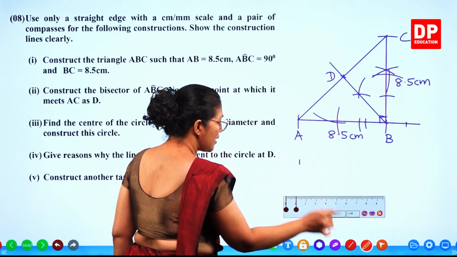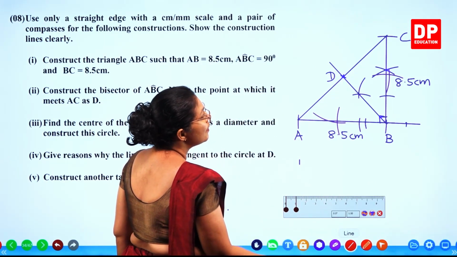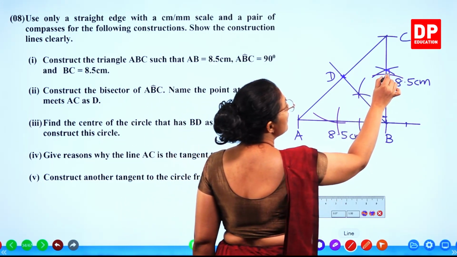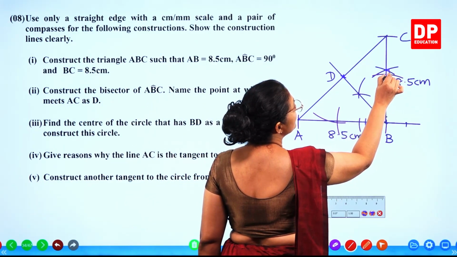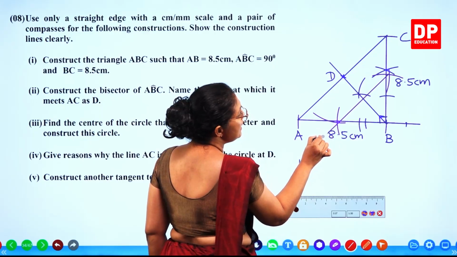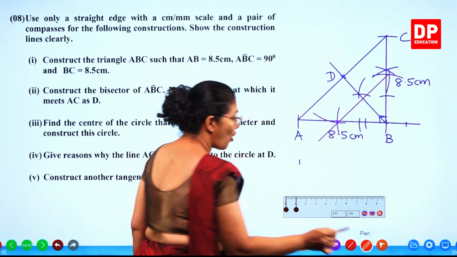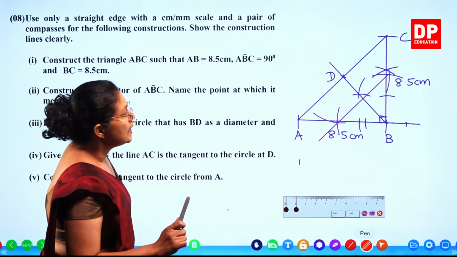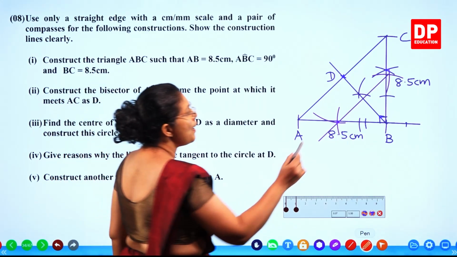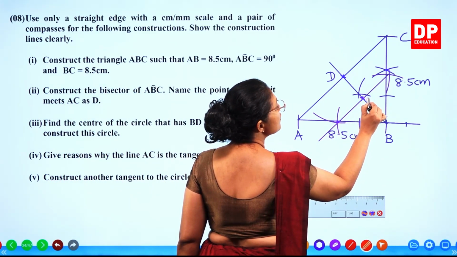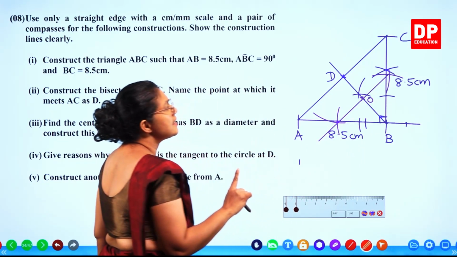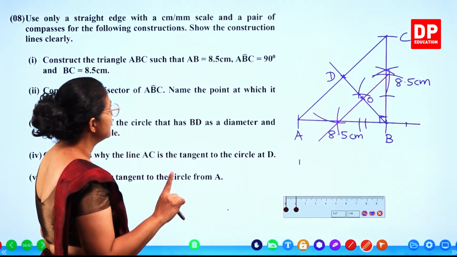And when you connect the 2 points, you get the perpendicular bisector of BD line. Then the intersecting point of the BD perpendicular bisector and BD line is the center. So this is the center of the circle.